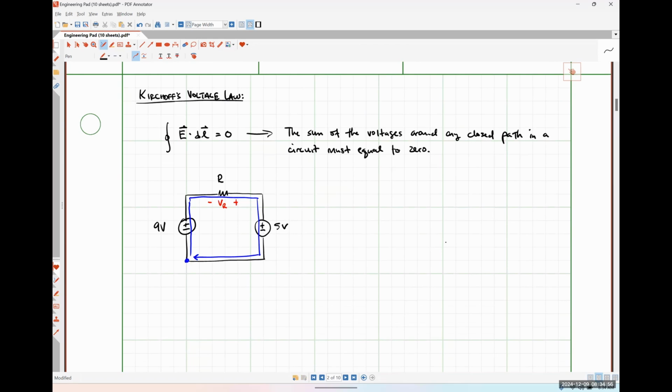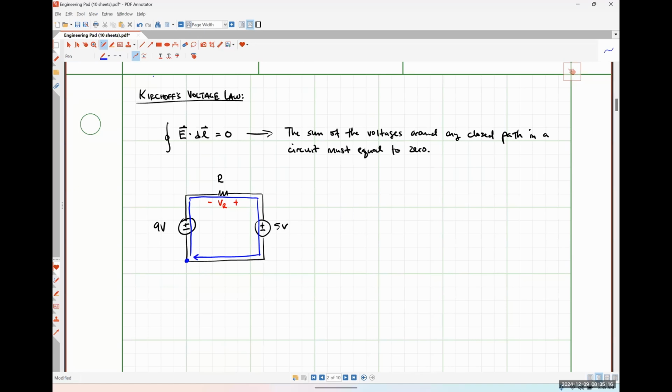Okay. All right. So if I were to write a KVL equation for this thing, how would I go about doing that? Well, what I'm going to do is put a negative sign anytime I see the negative polarity terminal of a voltage first, and a positive sign anytime I see the positive polarity terminal first.